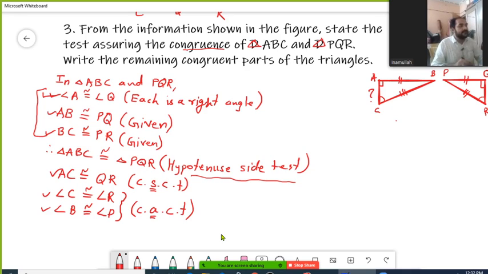CSCT means corresponding sides of congruent triangles. CACT means corresponding angles of congruent triangles. So this is the solution which is required for this question, and all steps are compulsory and mandatory in your solution. So remember these steps when you answer this question.